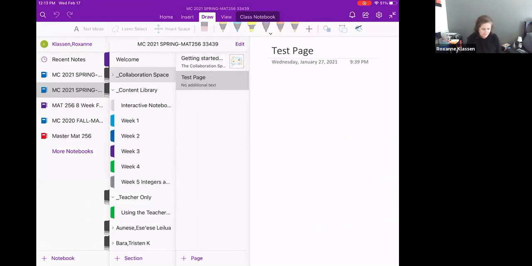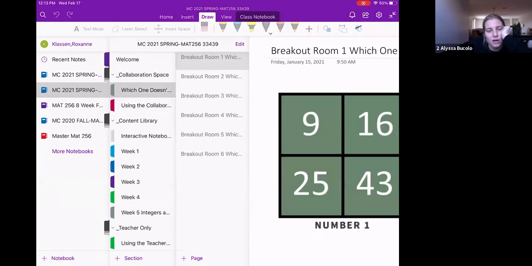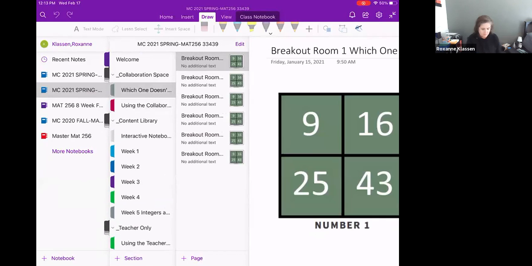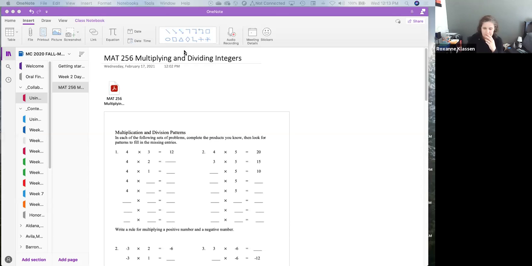I see which one doesn't belong, but it's just not syncing with my other one. That's okay. That's why I didn't do it that way. Let me share. I think my internet's having trouble, so it's okay. I'm going to share my screen this way. Does everybody have access to the document that I emailed you? Yes? Okay, good. And maybe you can see my screen. Can you see it on my screen right now?